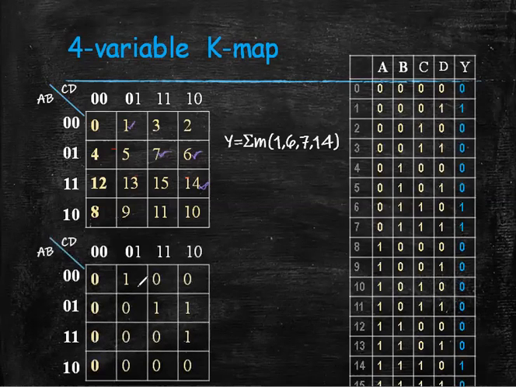Look here, the 1st position, the 6th position, the 7th position, and the 14th position, and the corresponding truth table is given. Look, for the 1 position it is high, for the 6th position it is high, for the 7 it is high, and for the 14 it is high. Okay.